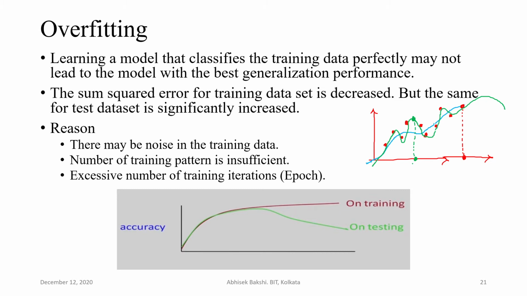Now another example of the same thing: say you are given only 2 or 3 chapters of a book, and you are repeatedly learning from only those 2 chapters. So what will happen? You will be a master of those 2 chapters only. If someone asks you anything from those 2 chapters, you can answer.